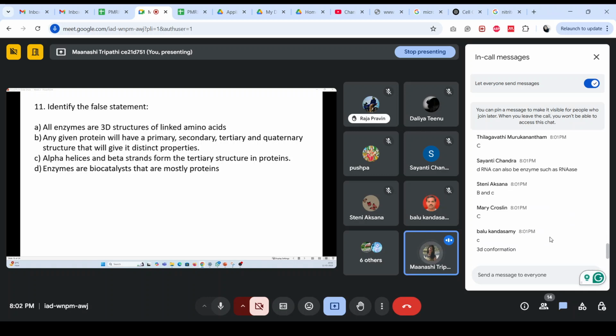Many of you have answered option C, but I can see one option B also. Could you please mention why option B as well? Just think about what is wrong in that false statement, and write the correct statement.